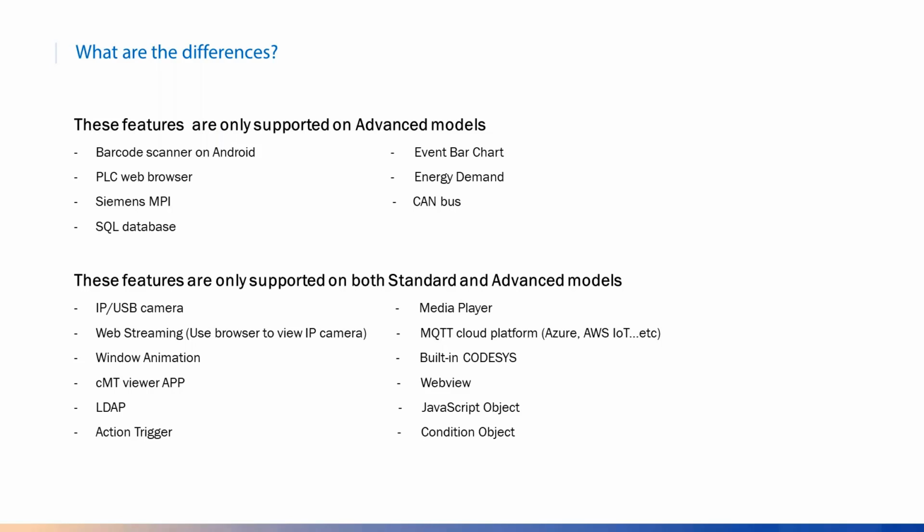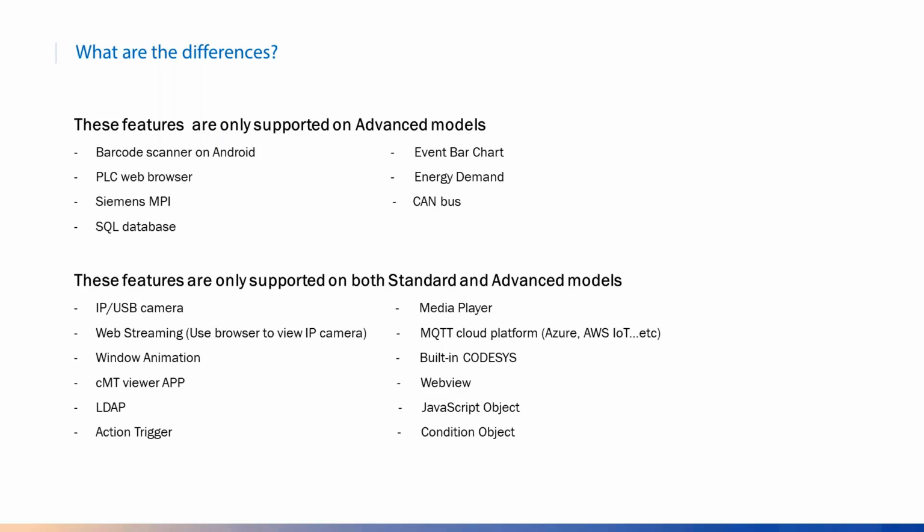And the MQTT cloud platform here means things like Azure, AWS IoT, etc. Our basic models still support the basic standard MQTT. Only these cloud platforms are only supported on both standard and advanced models here.